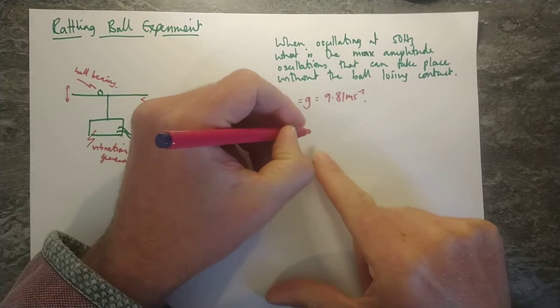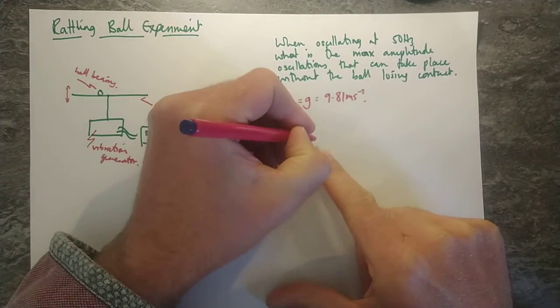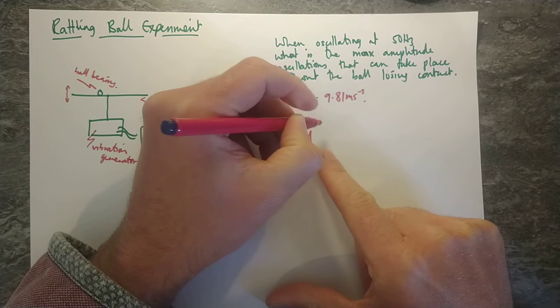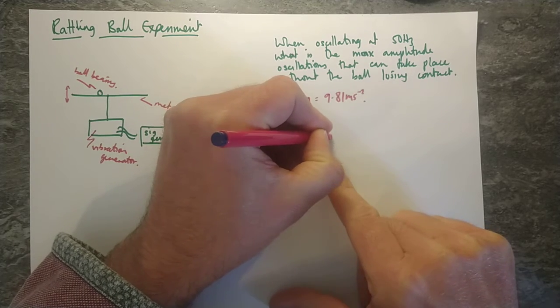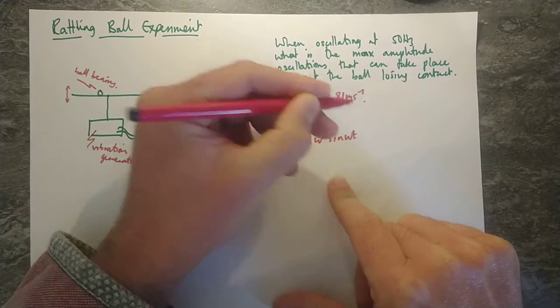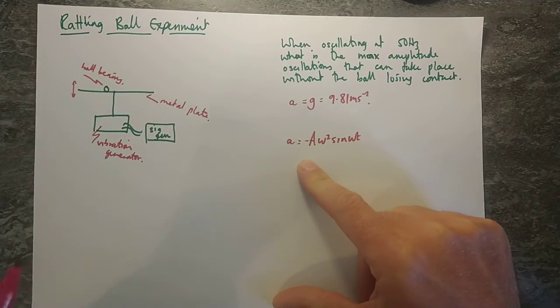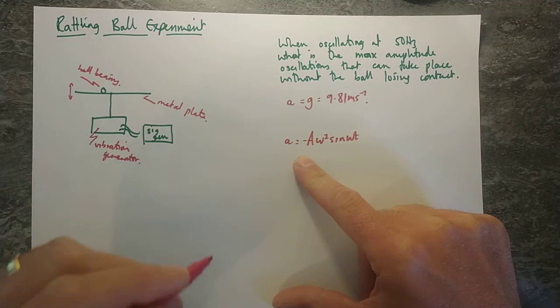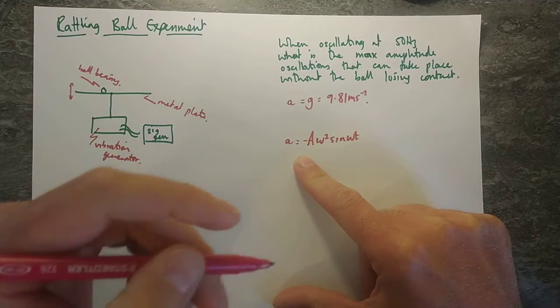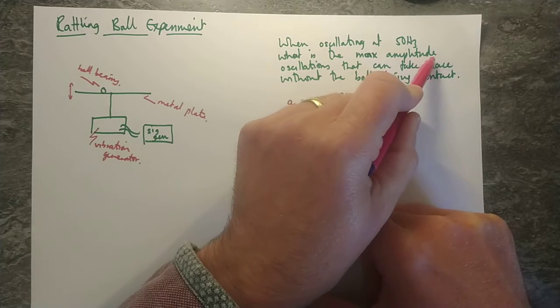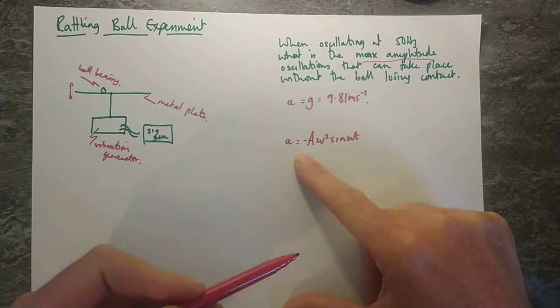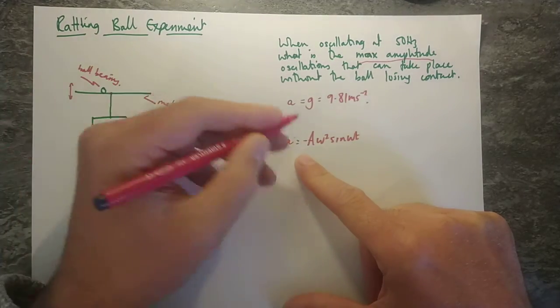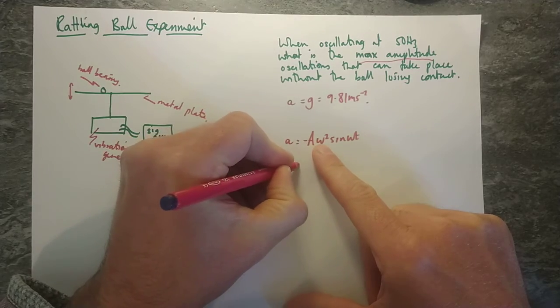I'm going to go right back to the beginning equation for acceleration, a equals minus A omega squared sine omega t. What we want to know is the maximum acceleration during that cycle, because we want to know when it reaches 9.81, and that's going to be at the maximum amplitude. So we want a max.